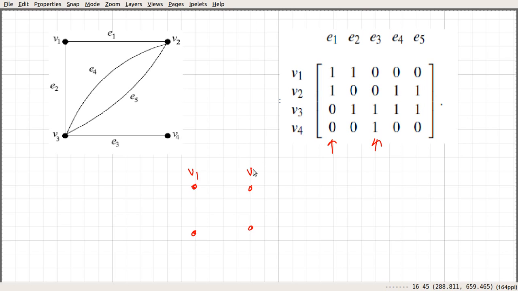So this is V1, V2, V3, V4, and let's consider only these two edges. E1 connects V1 and V2, and E3 connects V3 and V4. So we will have this subgraph, and it will correspond to only this particular submatrix.